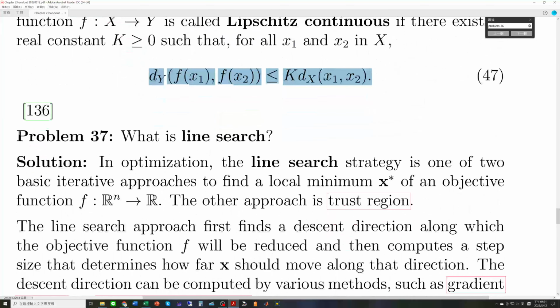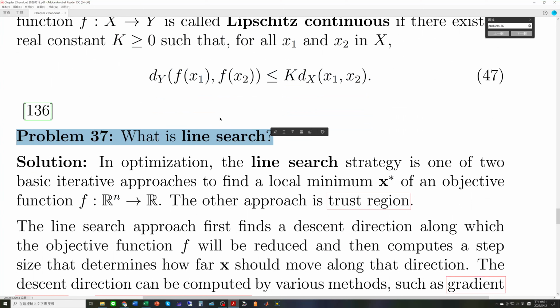Next, let us see problem 37. What is line search? Why do we need to know what line search is? Let us search for line search.